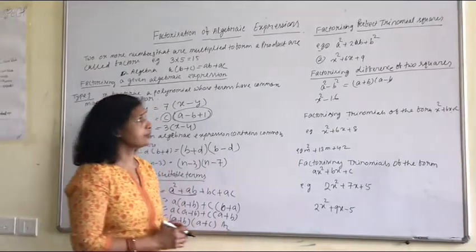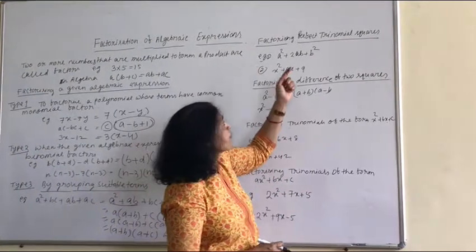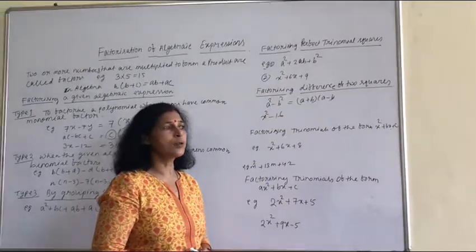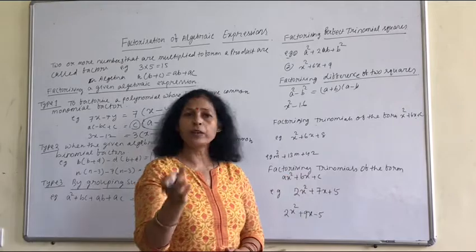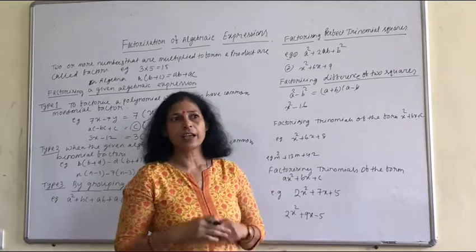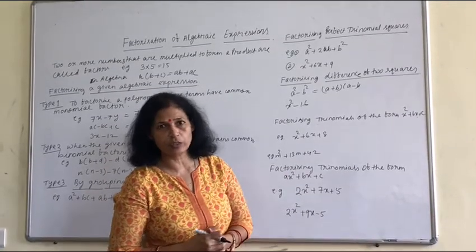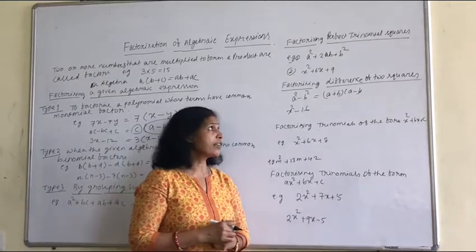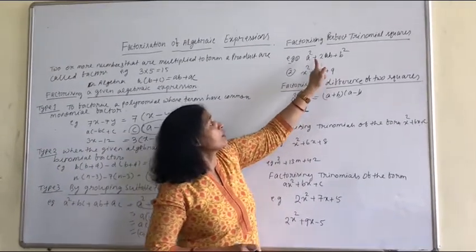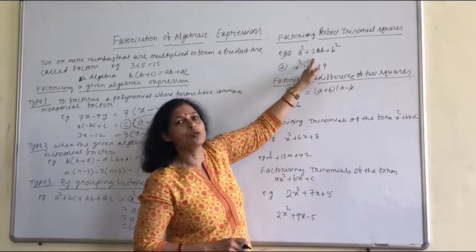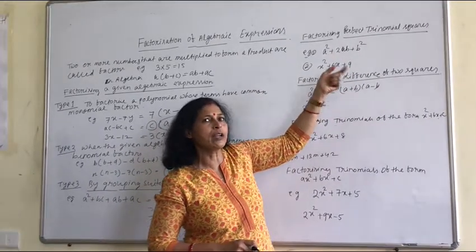Next is factorizing a perfect trinomial square. You know from earlier, chapter 5, the formulas, the special products: a plus b whole square, a minus b whole square, the 3 identities I already explained. Now suppose a square plus 2ab plus b square is a trinomial, and this is an identity.